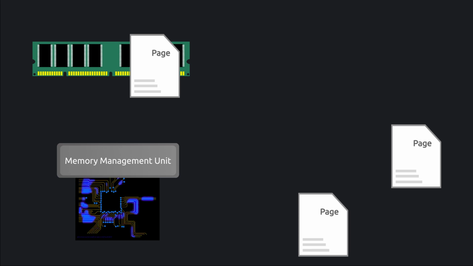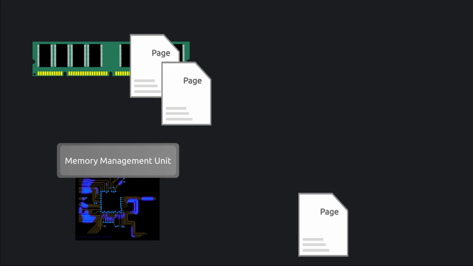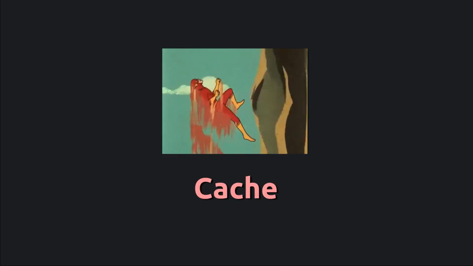If the page required is not loaded, a page fault is sent to the operating system's page fault handler, which then loads the required page to memory. To reduce latency for the page table lookup, there are mechanisms like the translation look-aside buffer, which caches recent lookups directly in the CPU.